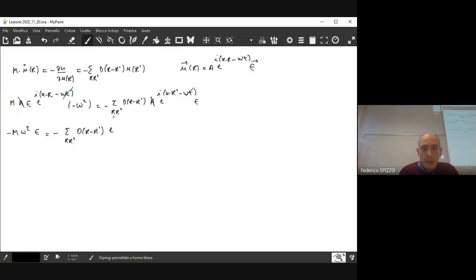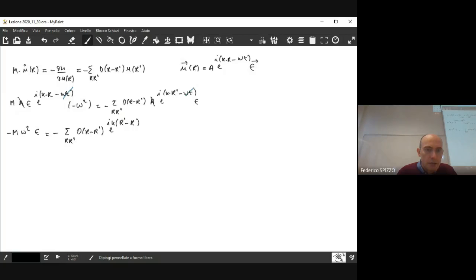Then I have e to the i k r prime that is due to this phase on the right, and then I have minus r that is due to the phase that was on the left. So here I have minus r. Sorry for that.